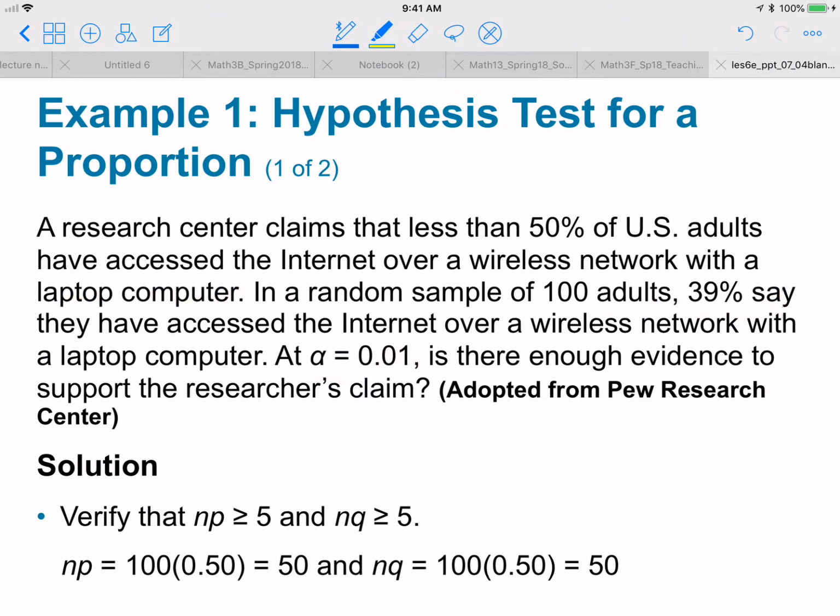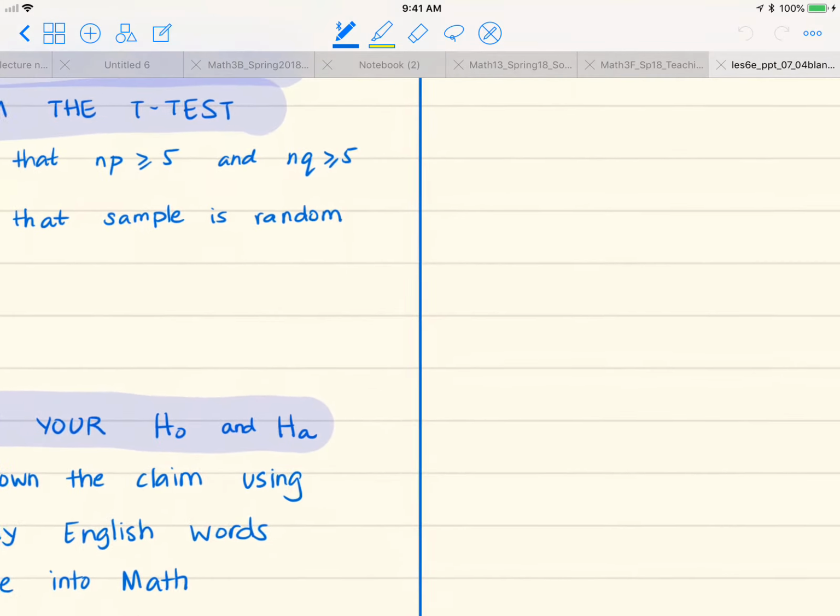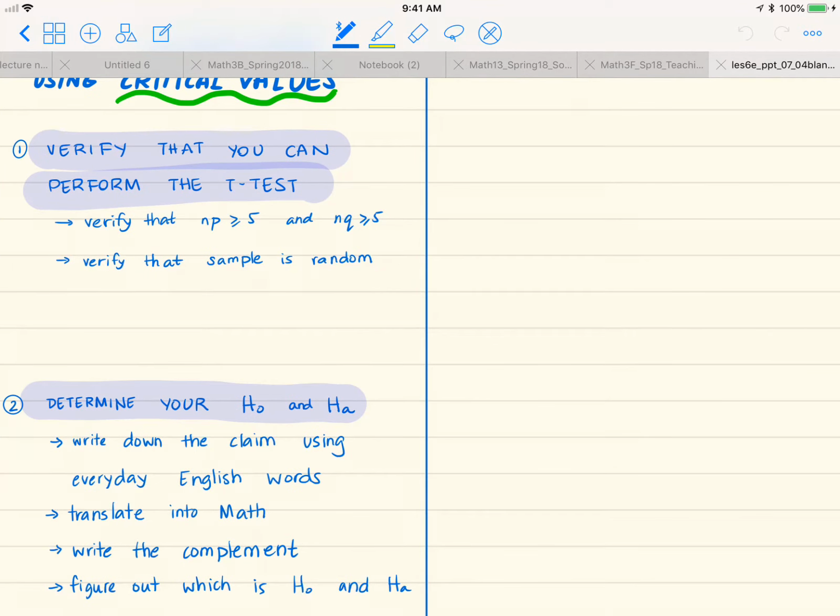So, in a random sample, we can verify that the sample is random. We say yes, this is stated in the word problem.